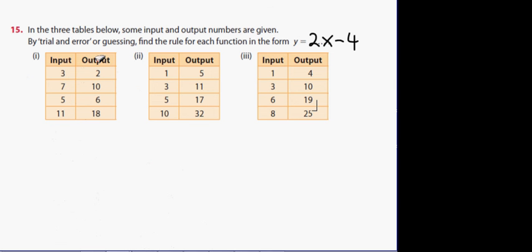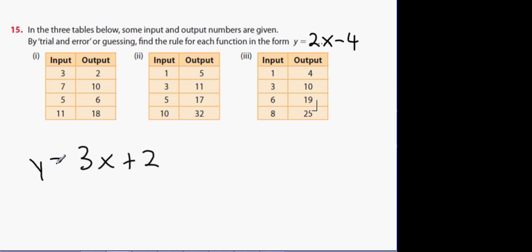Anybody know how to do the next one? I've thought of it. Anybody else have an idea? Yes. Go on, give it a go. Okay. Is it multiplied by 3 and add 2? Let's try it out. 3x plus 2.